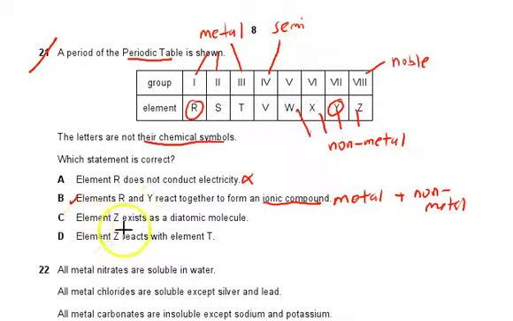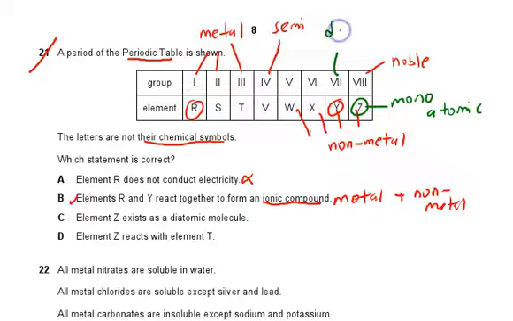Element Z exists as a diatomic molecule. Element Z here, this one, appears as monoatomic, because they do not react, so they always exist as monoatomic. The one that exists as a diatomic molecule is this.